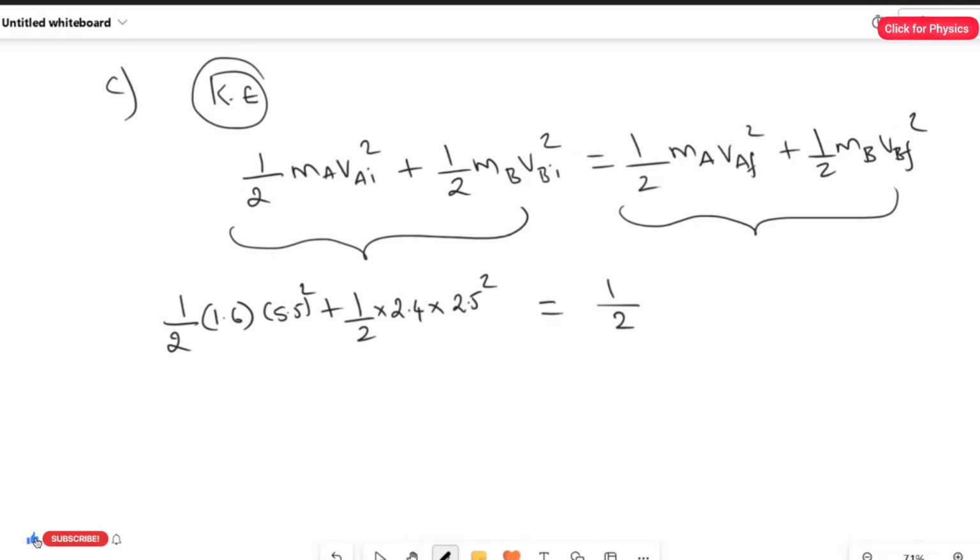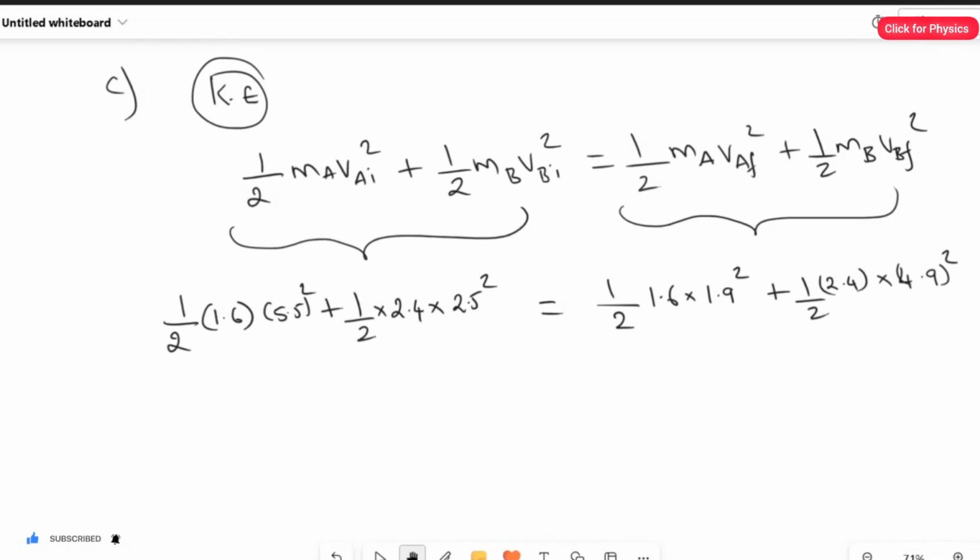Likewise, I have to do the same thing here, which is half multiplied by 1.6 multiplied by the answer VAF. We got 1.9, right? 1.9 square plus half 2.4 multiplied with 4.9 square. So let's see what is the answer on the left hand side and the right hand side.